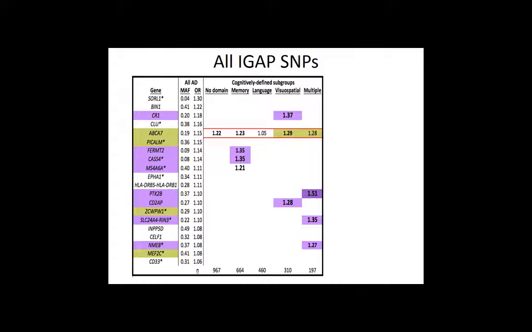I don't know what that stands for. Reference sequence number, maybe? Anyway, it's a unique identifier for each SNP. So PTK2B is not just anything in that locus, in that gene. It's the particular thing that was labeled as PTK2B. Absolutely.